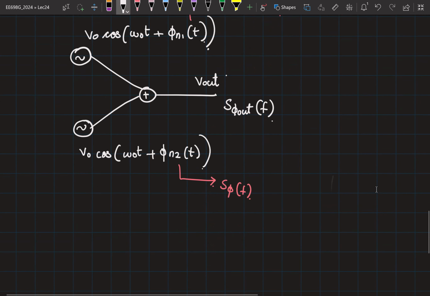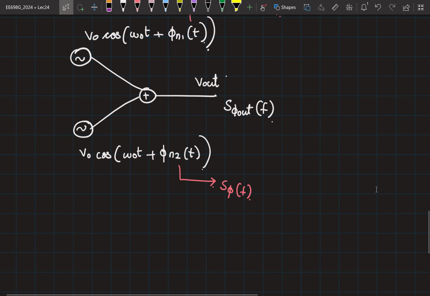So it will be 1 by 4 plus 1 by 4. Yes, right. So your V out will be equal to, I'll take V naught outside, there is cos of omega naught t plus phi n1 of t. So you'll have cos omega naught t cos phi n1 of t minus sin omega naught t into sin phi n1 of t. But you apply the narrowband FM approximation.